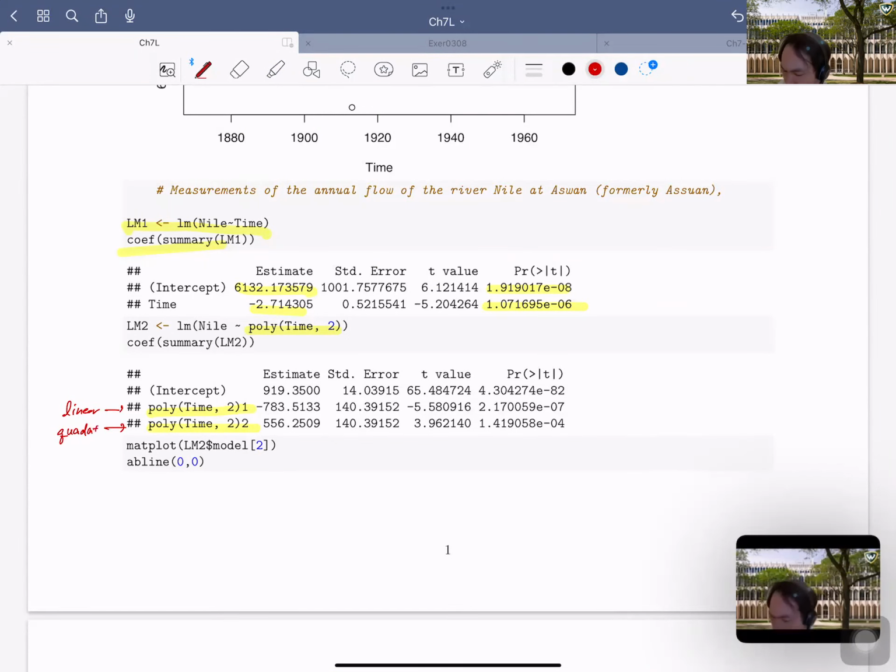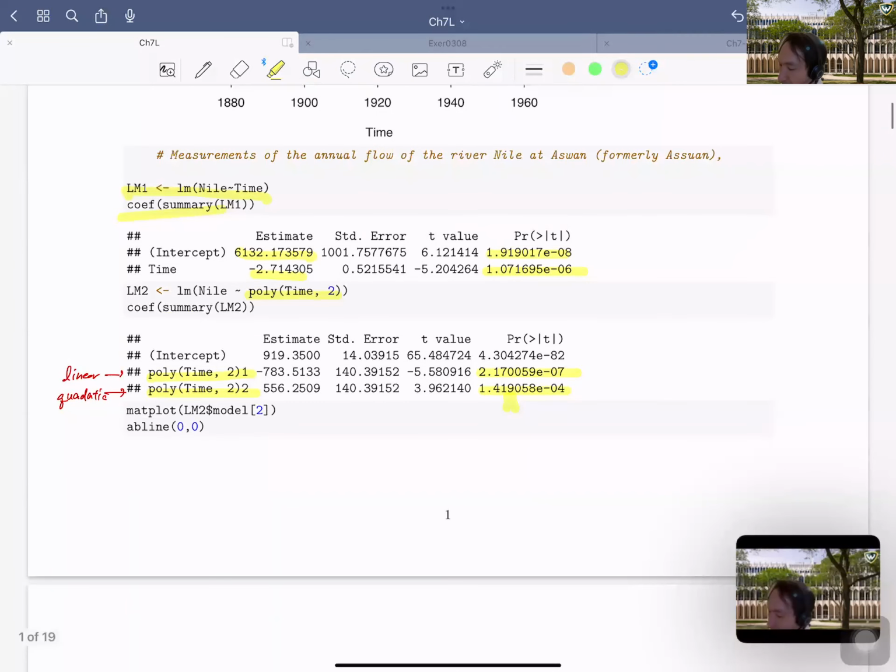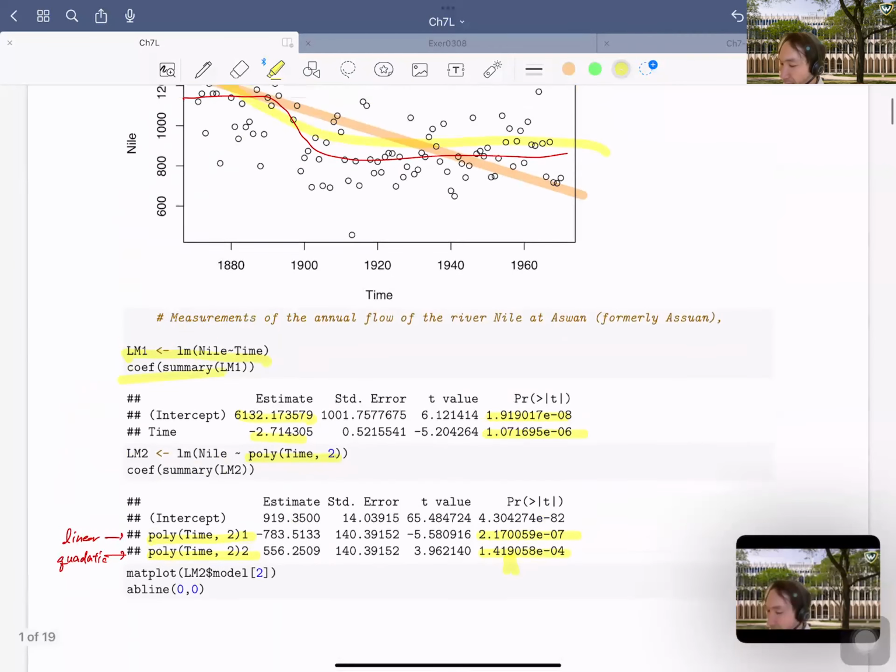These are constructed so that the two components are orthogonal to each other, to avoid multicollinearity. The p-values are both less than 0.001, maybe this one about 0.0001. So it's small, so we can see both are significant.